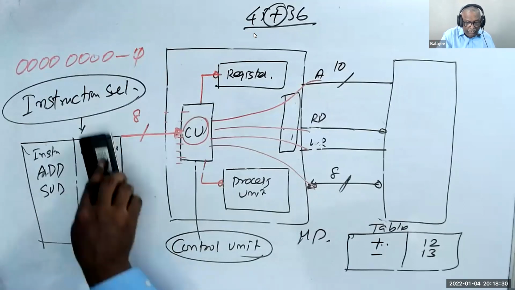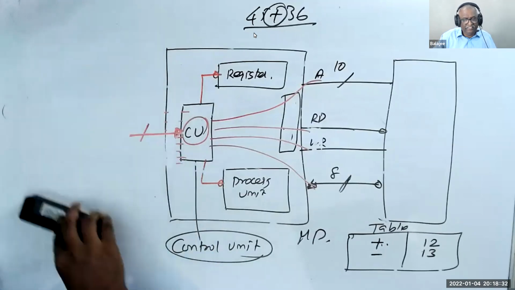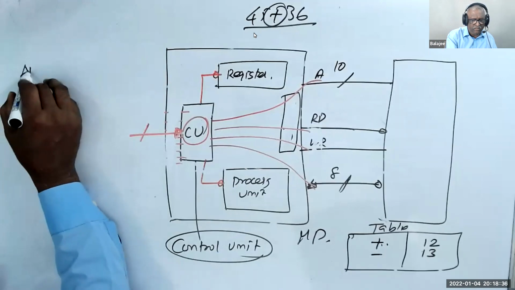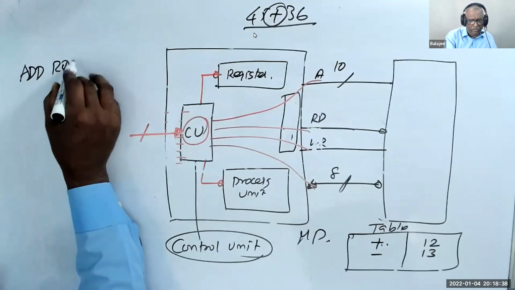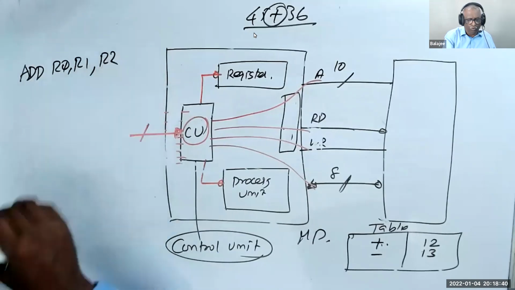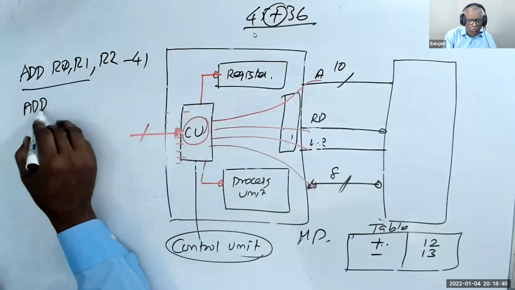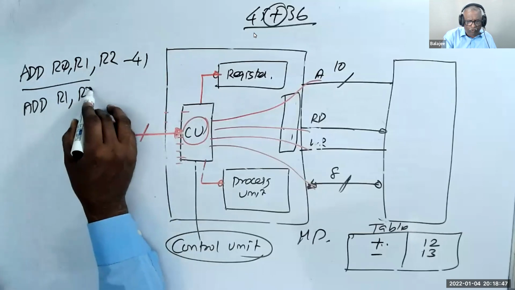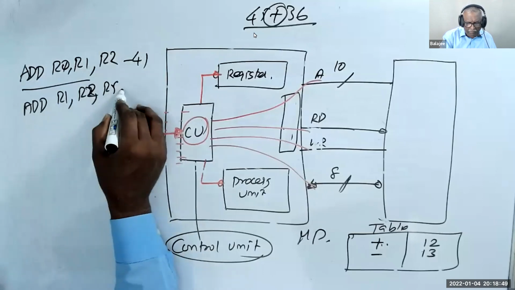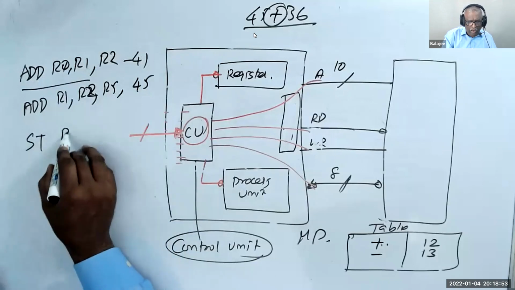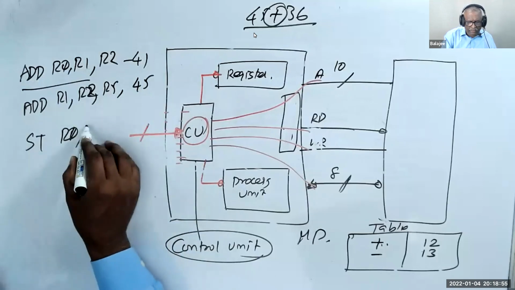But there is also one beauty here. This guy never gets confused. If I say add R0 and R1, put the result in R2, for that there is a number. I can say add R1, R2, R5, there is a number. I may say store R0, 700.